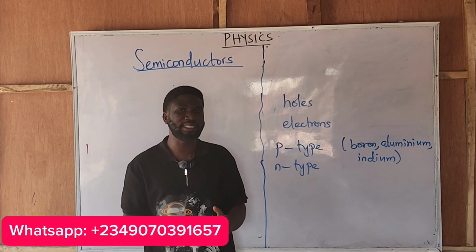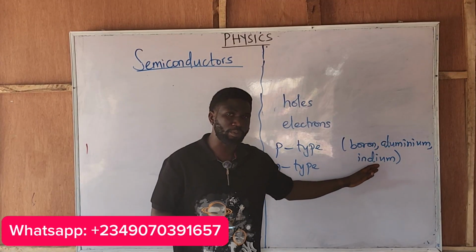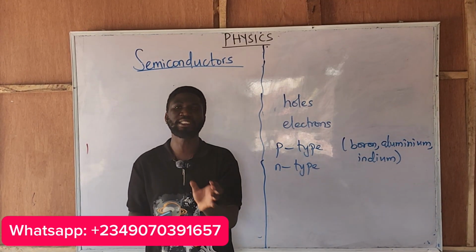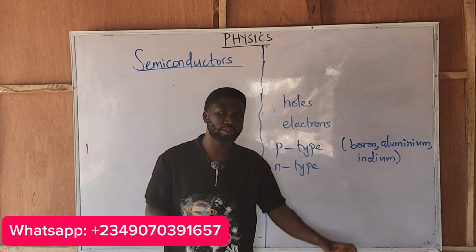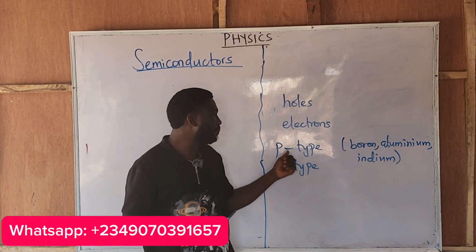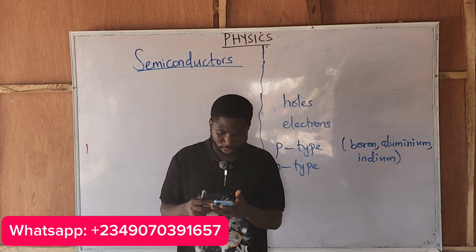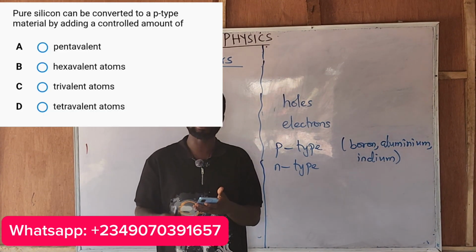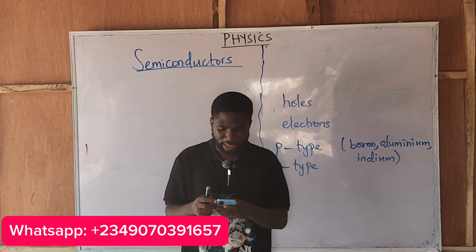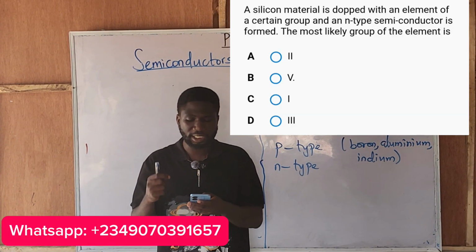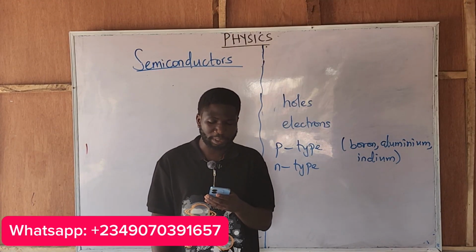So whenever we add an impurity, which could be boron, aluminum, indium, or we can just call them trivalent atoms, if they are added to a pure semiconductor, then it becomes a p-type semiconductor. So the right answer then should be trivalent atoms. Trivalent atoms.